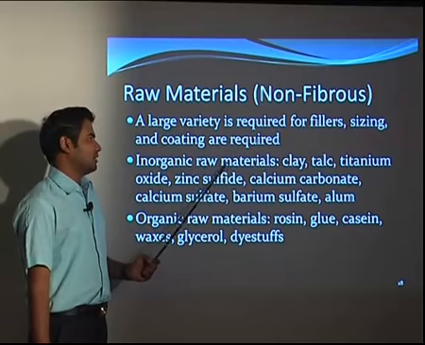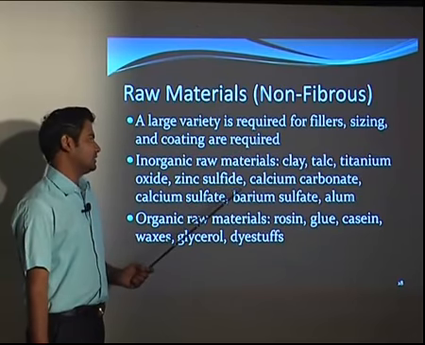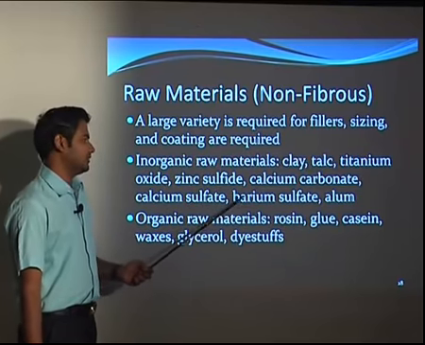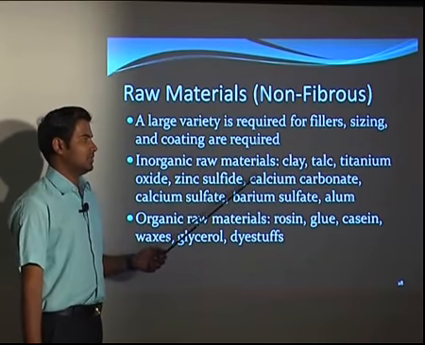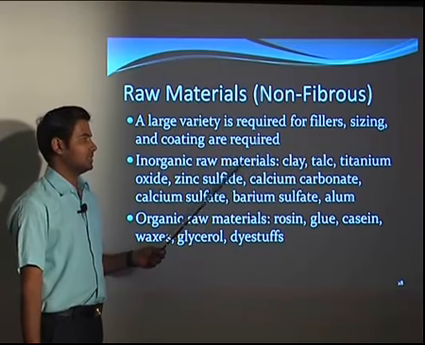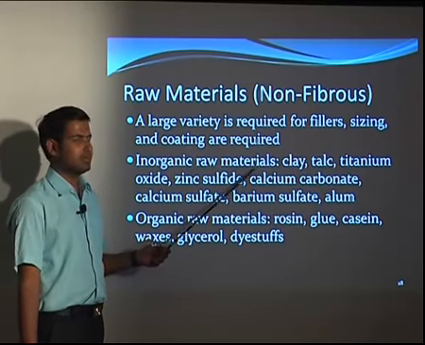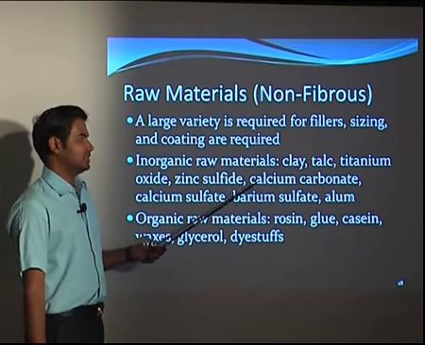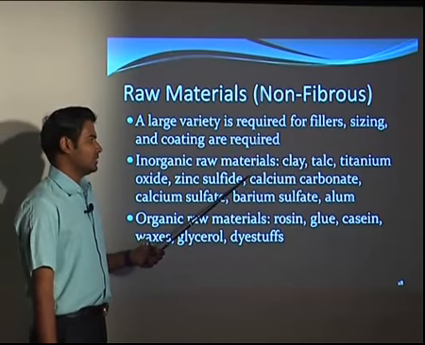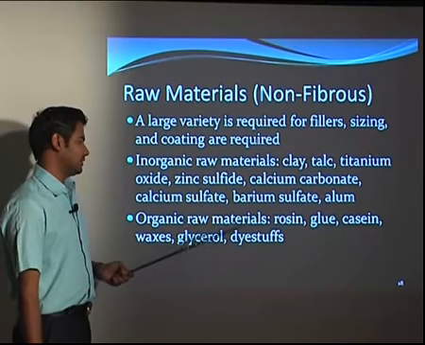Then inorganic raw materials like clay, talc, titanium oxide, zinc sulfide, calcium carbonate, calcium sulfate, barium sulfate and alum are required. We have seen earlier that most of the chemicals are used to give bright color, some to give strength, some to soften the fibers, and some to give strength to the fibers. So the chemicals are required for paper manufacturing.